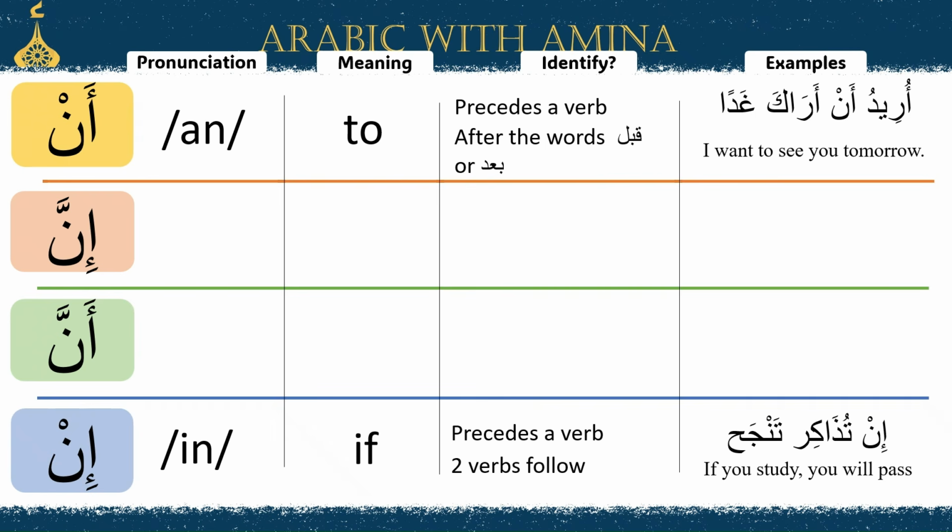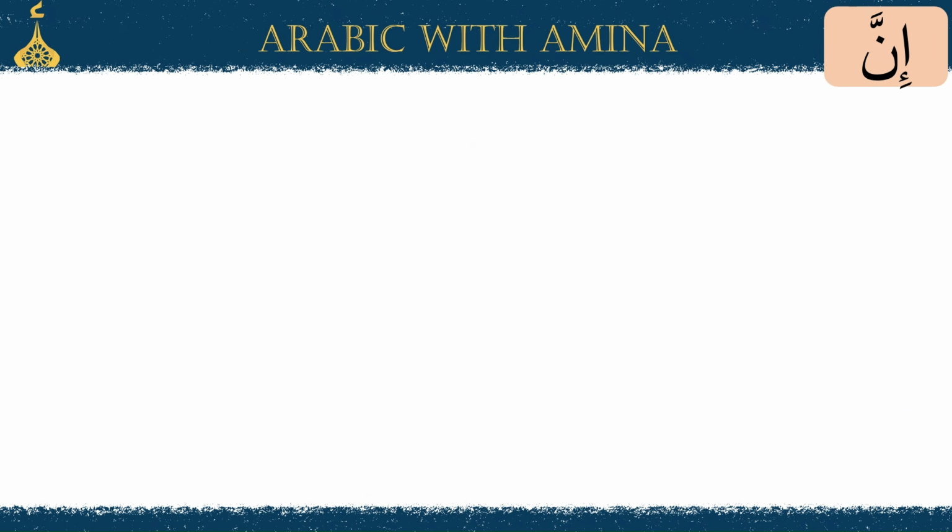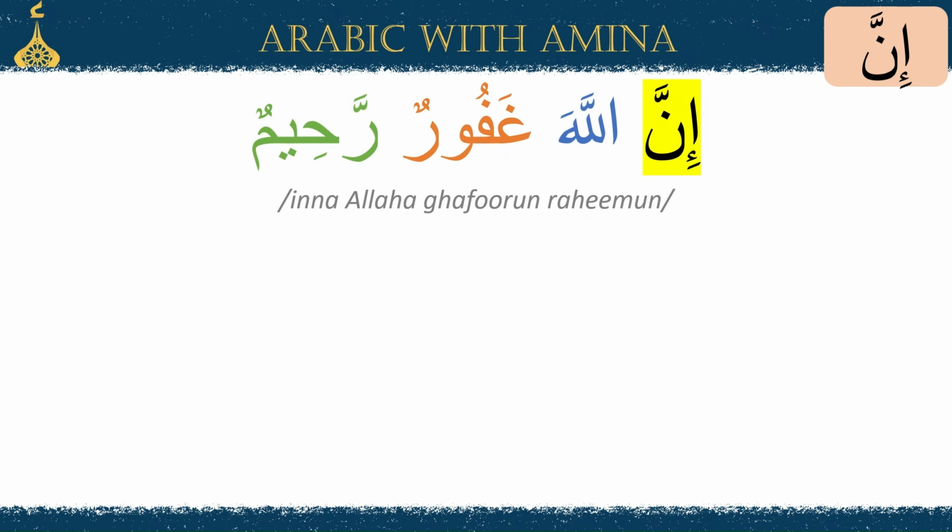Now let's move on to the word inna. Inna has a shadda at the end, so we are doubling the last letter, unlike the past two particles. So inna. Inna Allah ghafurun rahim. We can see the pronunciation. We're doubling the letter because it has a shadda at the end.